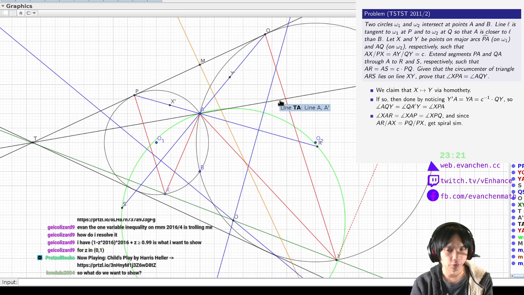So what do we want to show? Our goal is to show that X is the image of Y under homothety at T. That's where we are. And I have a spiral sim that I don't know what to do with.